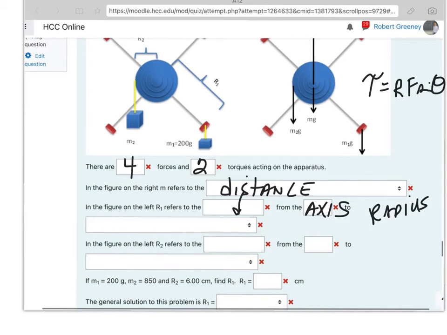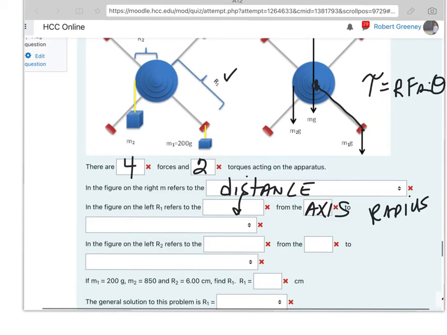The R is always not a radius, but a distance from the axis to where the force acts. And in this case, the torque 1 is going to be this distance, R1, which goes from the center of the axle to the point where the string is hanging, because that's where the force acts.